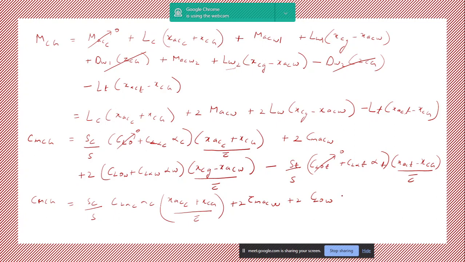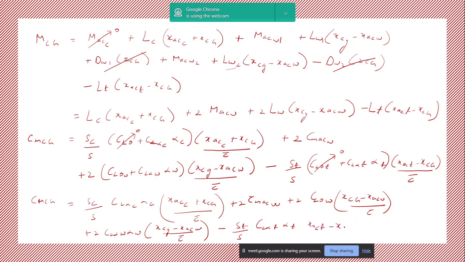Okay, I'll write that separately: (XCG minus XAC wing) by C bar, plus 2 CL alpha wing (XCG minus XAC wing) by C bar, and the last term, that is S_T upon S CL alpha tail (XAC tail minus XCG) by C bar.